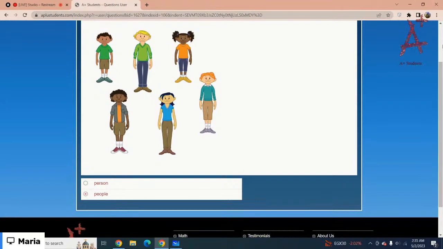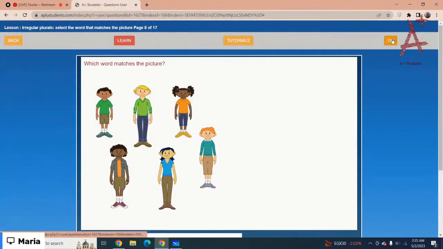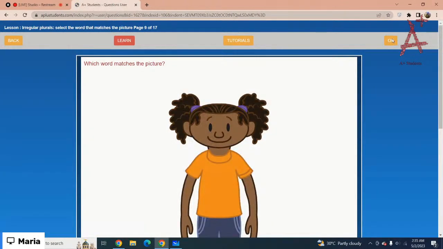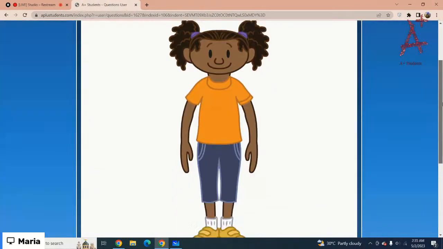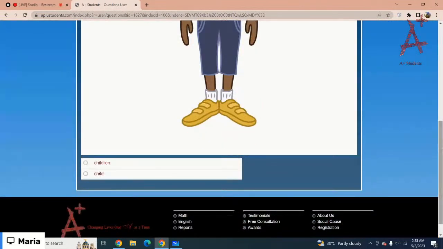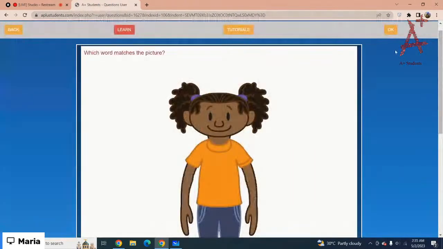When they are more than one, they are people. Just one is a person. Which would match the picture? Is it child or children? It is the child, just the singular one, so it would be child.